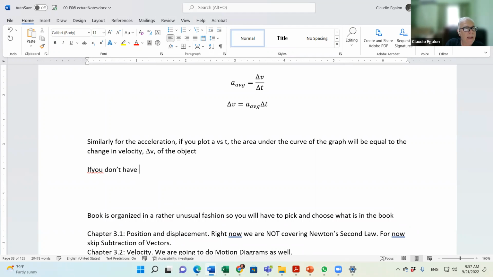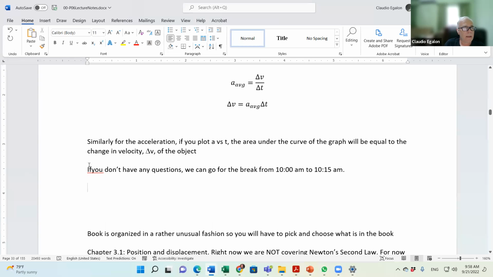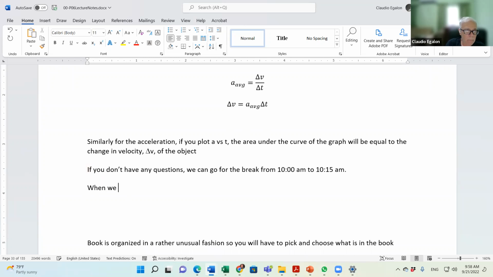If you don't have any questions, we can go for the break from 10 a.m. to 10:15 a.m. When you return, we'll do the level measurements. We will do the lab.